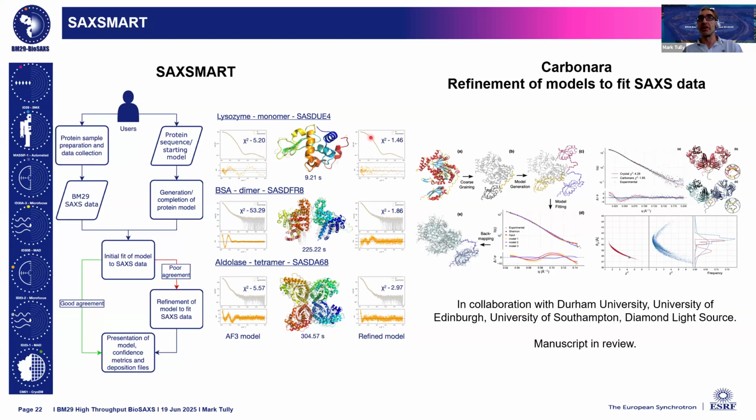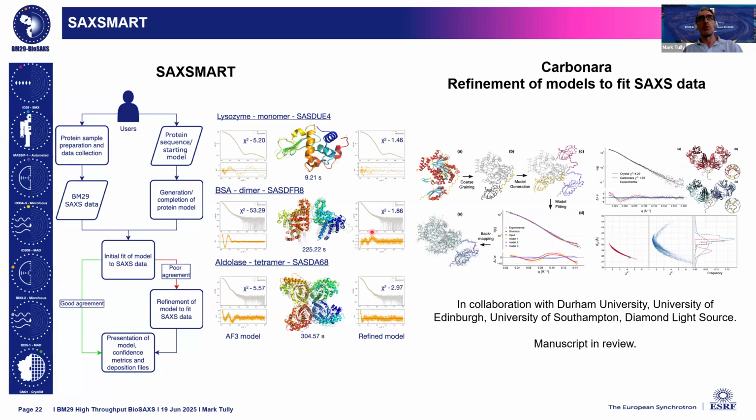After refinement, we get a really nice chi-squared fit of about 1.46. For the BSA dimer, we can get the chi-squared right down from 53 to 1.8. And this is just moving the domains slightly and then fitting those back to the SAXS data.